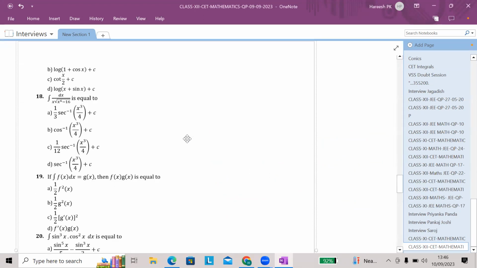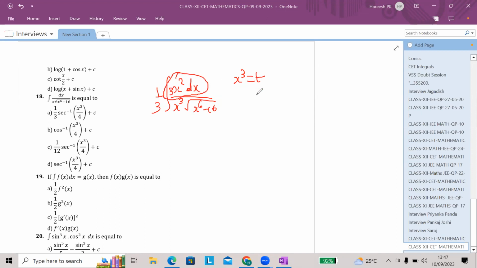Moving on, 18th one. All we need to do is multiply and divide by x square. Call x cube as t. So this will become dt, and then you have t into root t square minus 16.